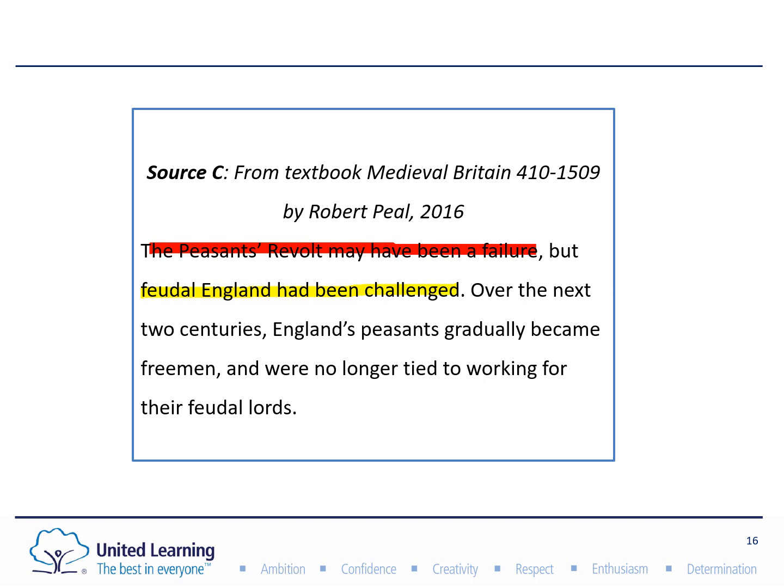Over the next 2 centuries, England's peasants gradually became freemen. Freemen is what it sounds like, you're a free man, and were no longer tied to working for their feudal lords. You can find lots of much more positive examples there within that work.